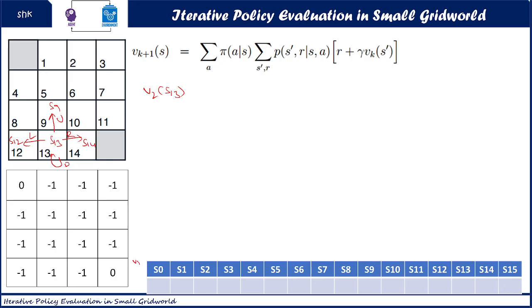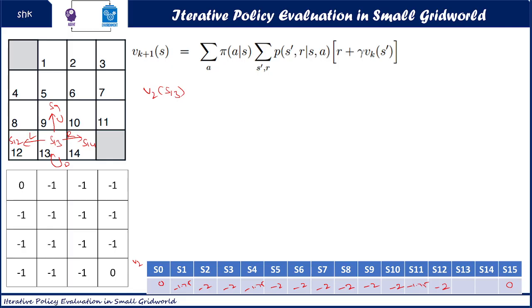Now we will update already computed values. Terminal states are zeros. S1 is minus 1.75, S2 is minus 2, S3 is minus 2, S4 is minus 1.75, S5 is minus 2, S6 is minus 2, S7 is minus 2, S8 is minus 2, S9 is minus 2, S10 is minus 2, S11 we got as minus 1.75, again S12 is minus 2. Now we are going to evaluate S13.